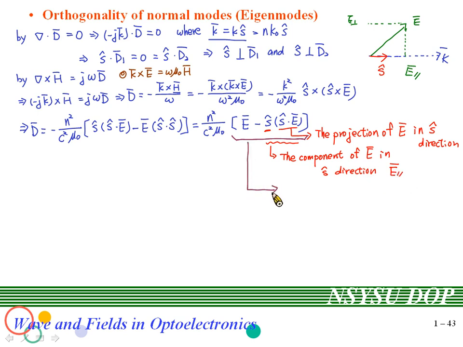So this one represents the component of E which is normal. I shall write in English. The component of E which is normal to S hat or K vector.